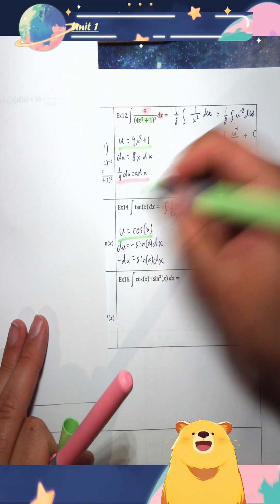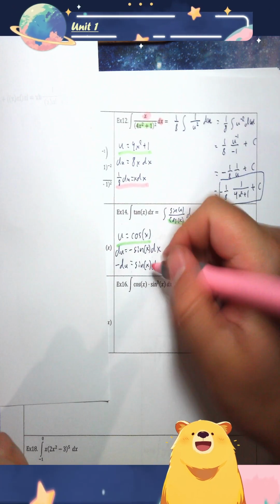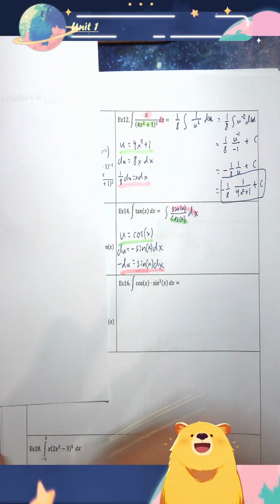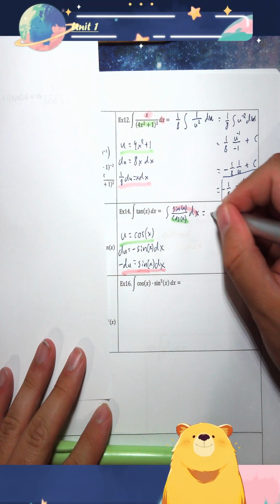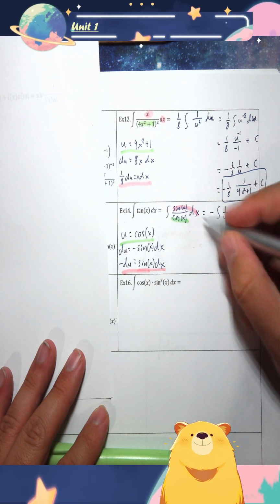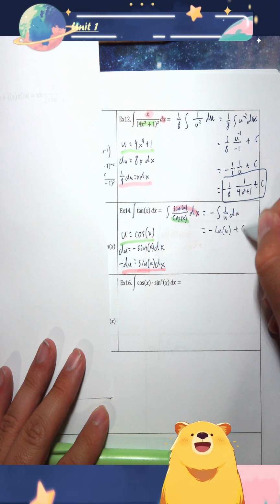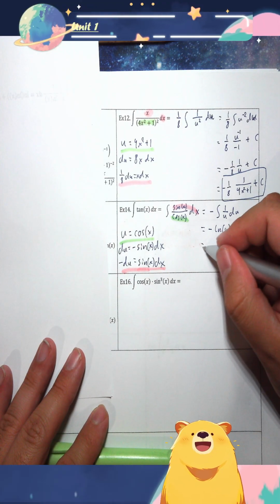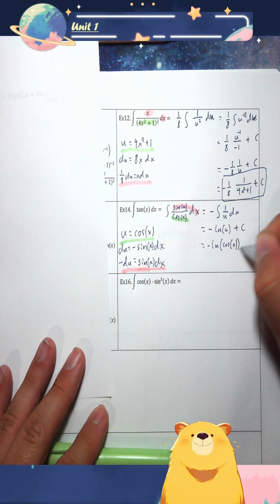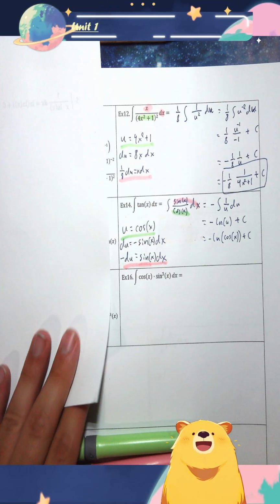And you replace cosine with u, and you replace both sine and dx with a negative du. So you have negative integral 1 over u du. That's just negative ln of u plus a constant, and then you plug back in u, negative ln of cosine of x plus c. All right, very good.